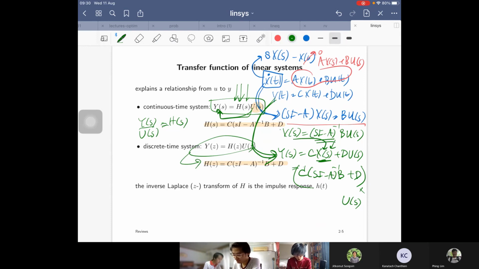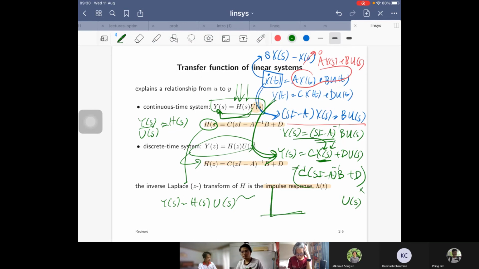Recall that the transfer function H, if you take the inverse Laplace transform, we call it the impulse response. Because what? If u(t) is the delta function, what is the Laplace transform of the impulse?